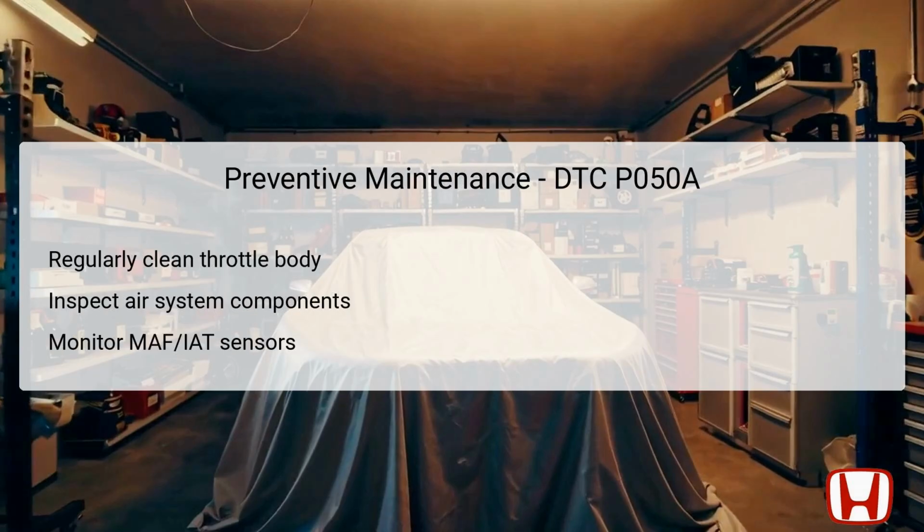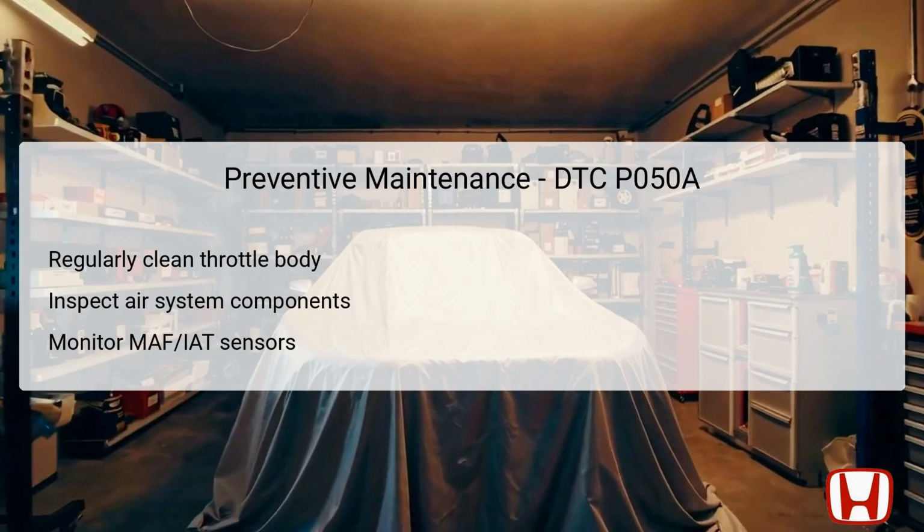Preventive maintenance plays a crucial role in avoiding future issues related to DTC P050A. Regularly cleaning the throttle body helps minimize carbon buildup and ensures smooth airflow control. Additionally, technicians should routinely inspect all components within the air intake system for wear or buildup that may affect performance.